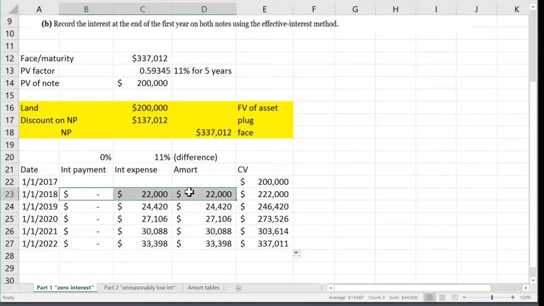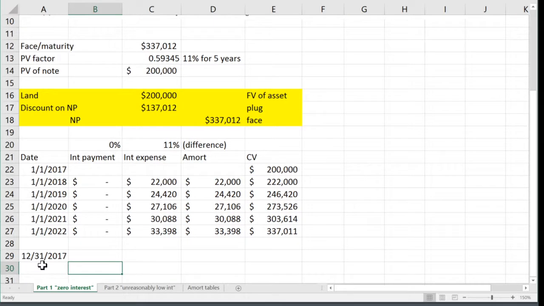So just like always, this gives us our journal entry. The amortization table, the magic amortization table, gives us our journal entry. So on 12/31/17, we'd record our adjusting journal entry.